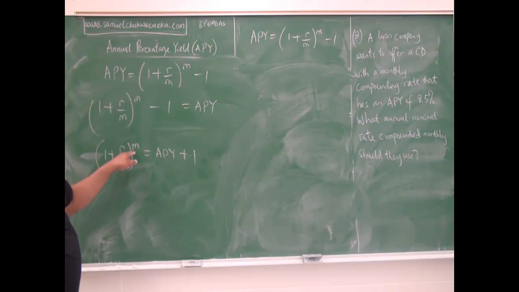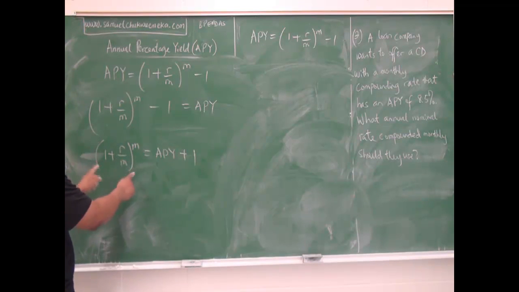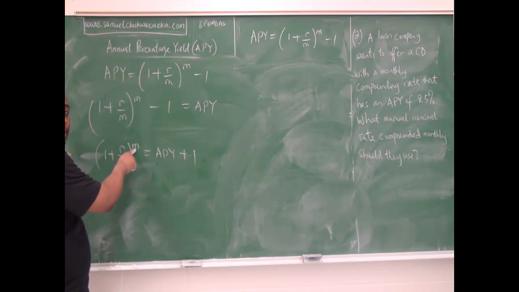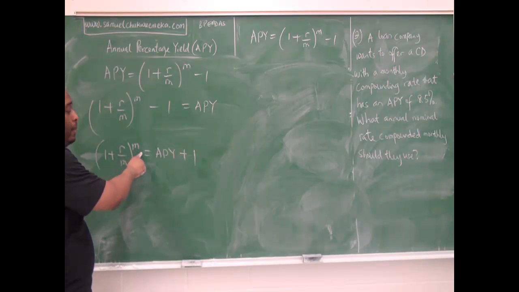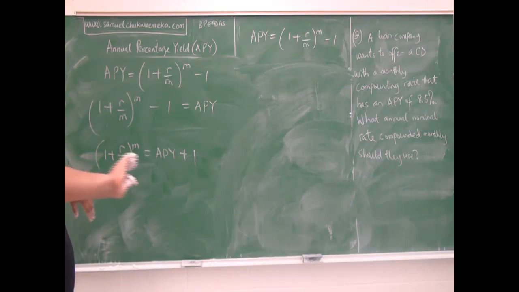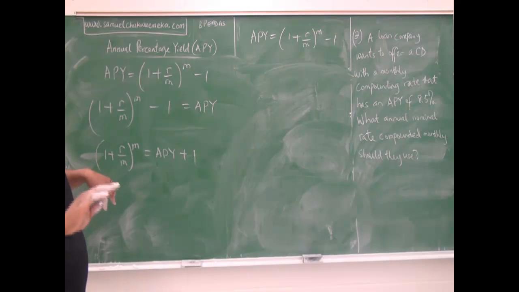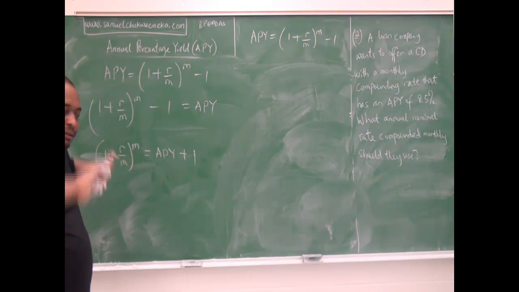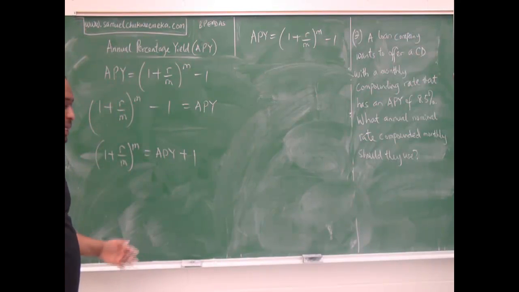I will take the nth root of both sides. For me to find r, I've got to relieve this guy. These people here are in bondage. This m exponent is holding them. So for me to release r, I will have to relieve whoever is holding them hostage.